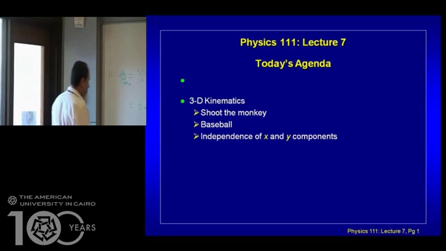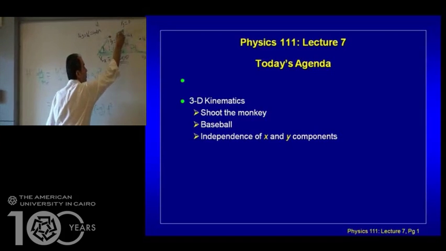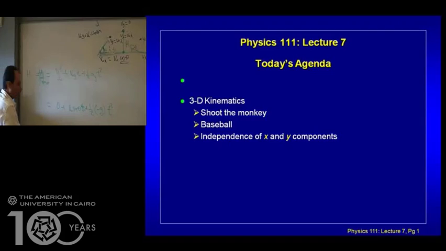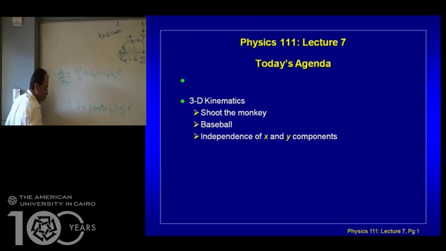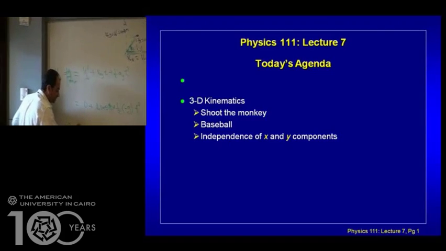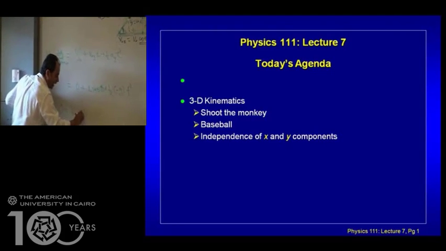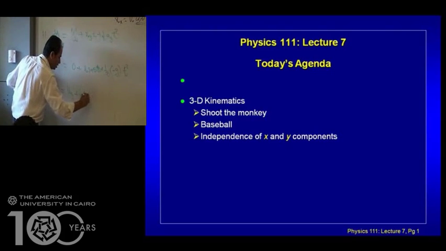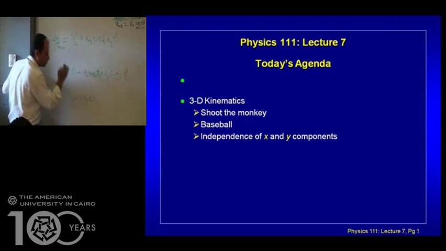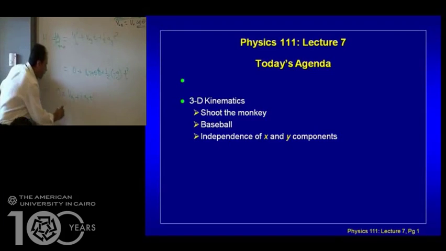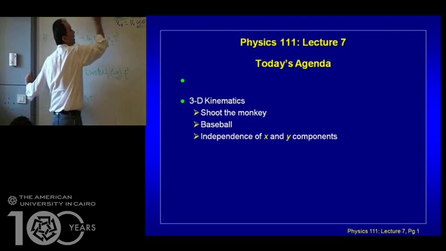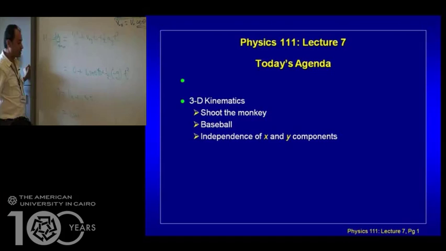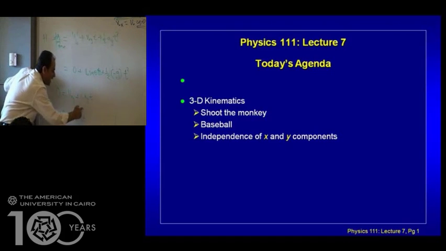Well, at that maximum point, what is the velocity? 0 will equal v0y plus ay t. What's v0y? v0 sine theta. This is the initial velocity along the y-axis, plus what is the acceleration?